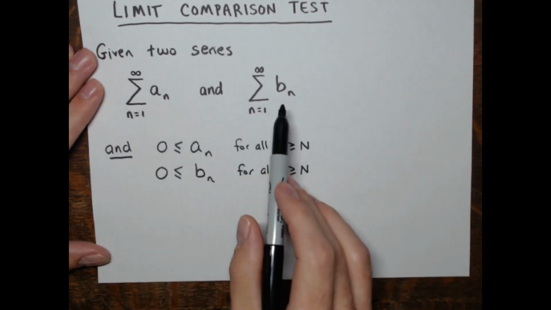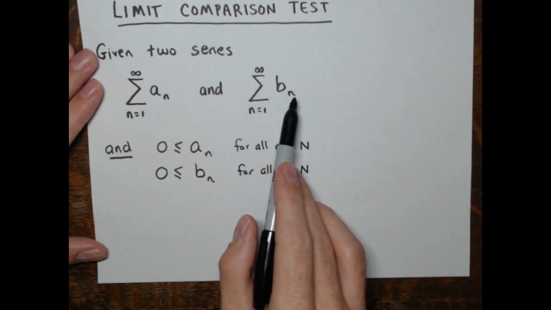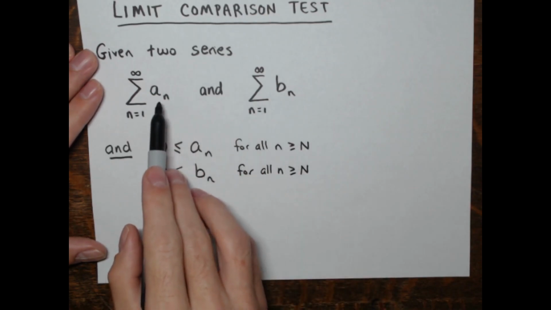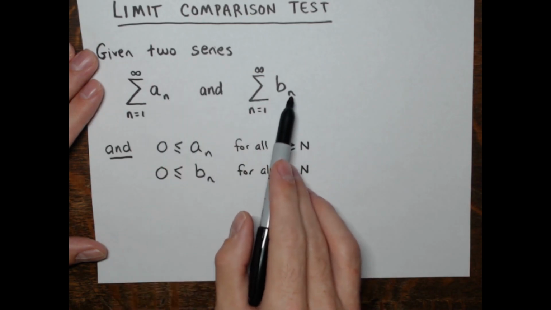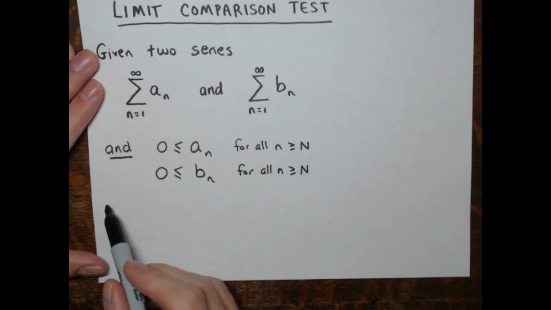Well, then what we do is we look at the limit of the ratios of these corresponding terms. What happens to the ratio of a n and b n as n goes to infinity, as you go further and further down the series?